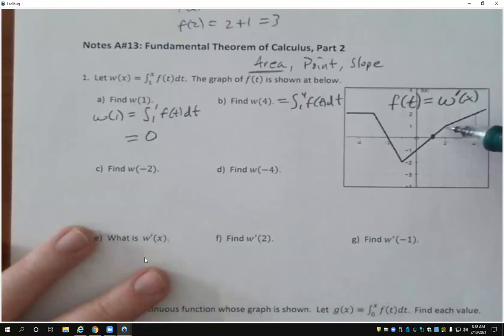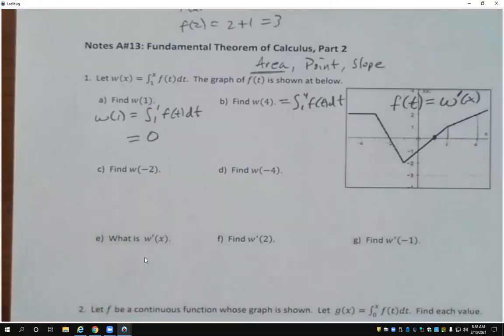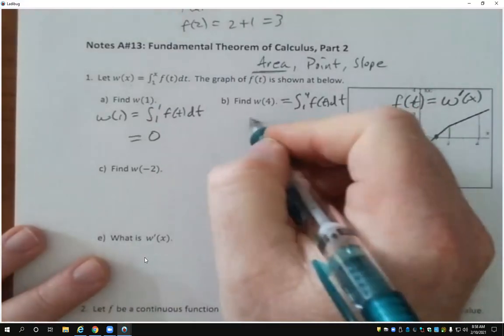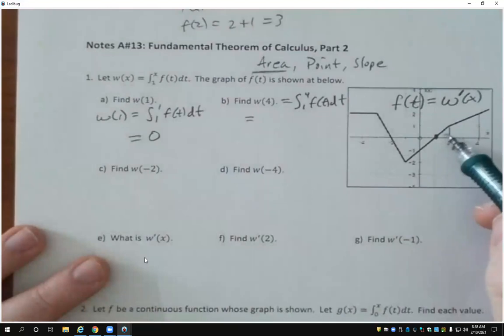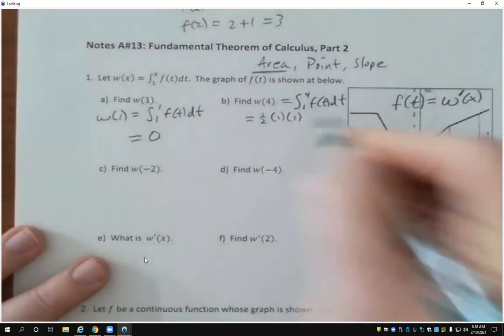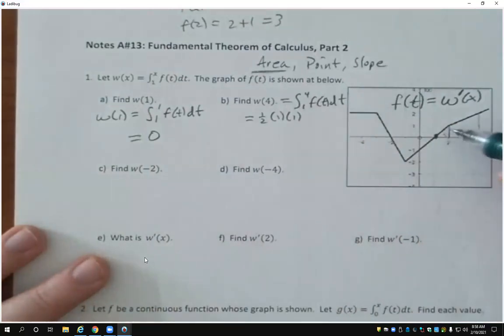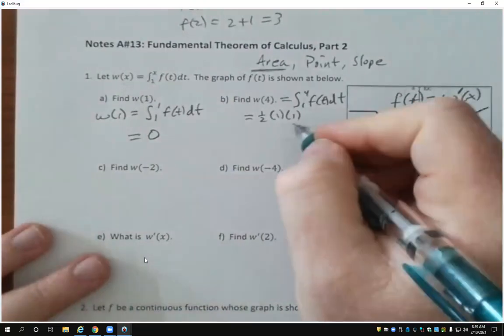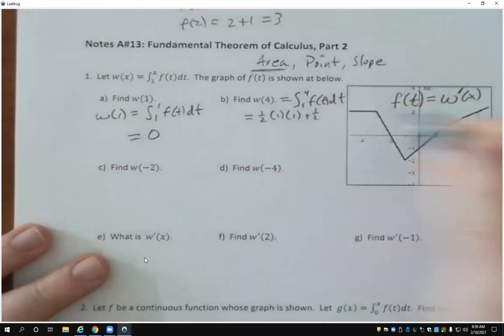So what we have to do is break this up into that triangle, and then this little thing over here is a trapezoid. The area of this triangle is 1/2, the height is 1, and the base is 1. That's this guy. And then we add this trapezoid right here, which is 1/2 times the height of the trapezoid.